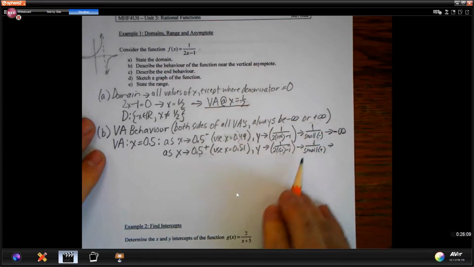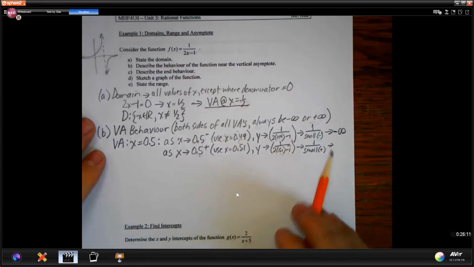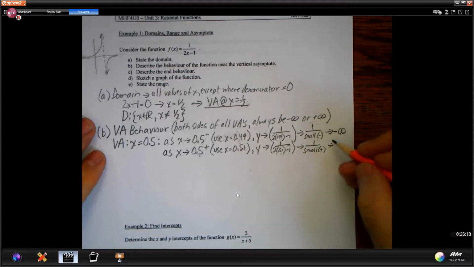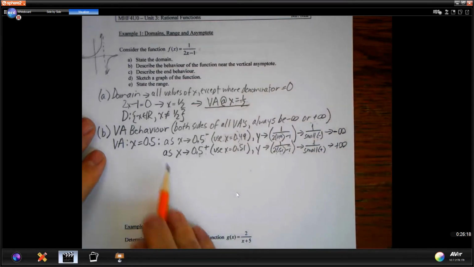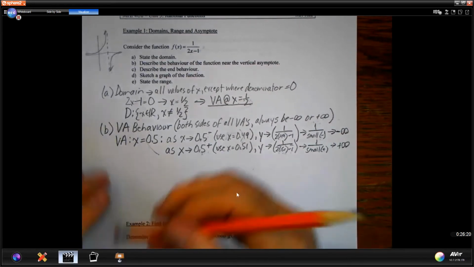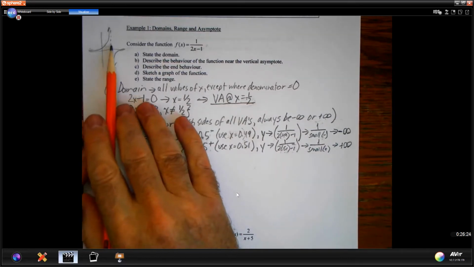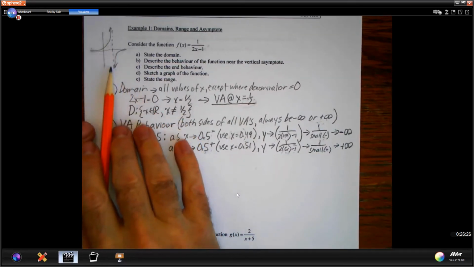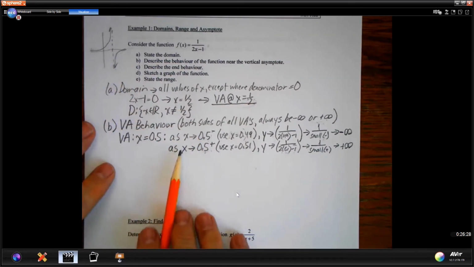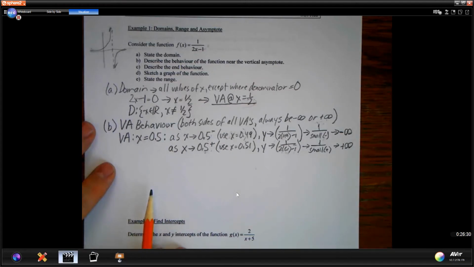And that's going to approach positive infinity this time. Okay, so that's what we mean by the vertical asymptote behavior. What's happening to the graph on both sides of each of the vertical asymptotes? So we now know. Okay, we're going to use this when we do our graph.